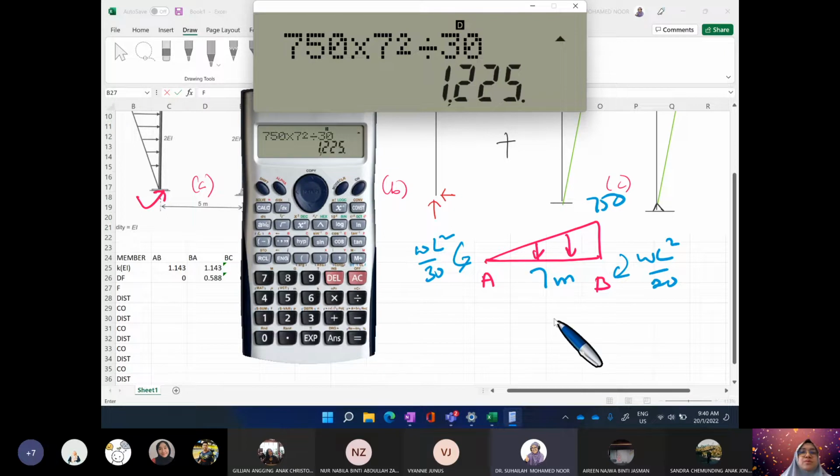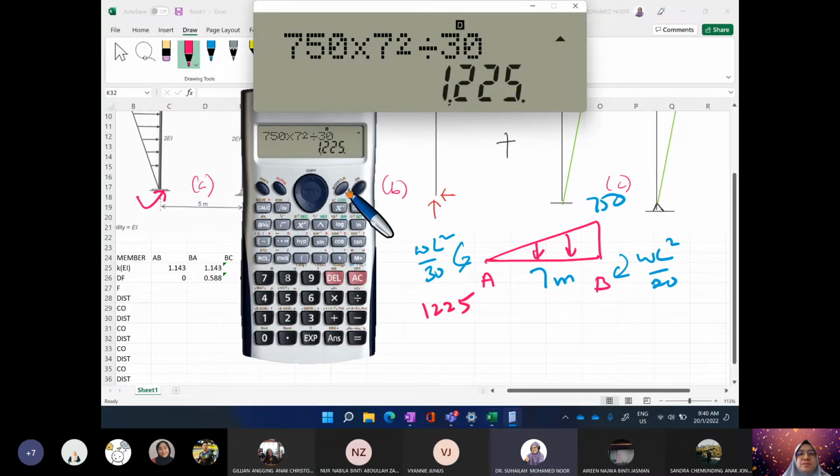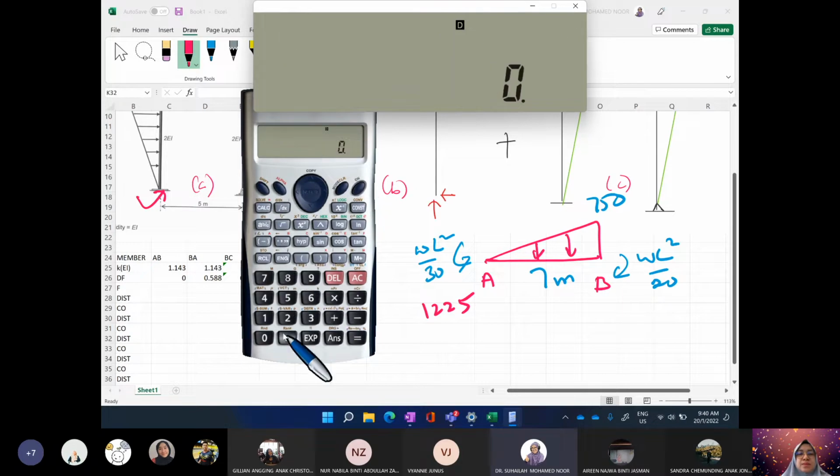So it is 1225. Okay, another one, it is 750 times 7 squared divided by 20.